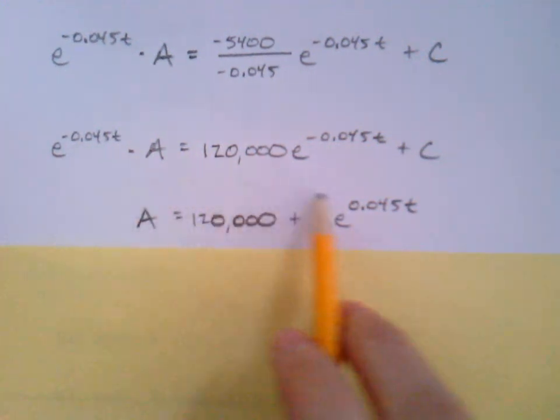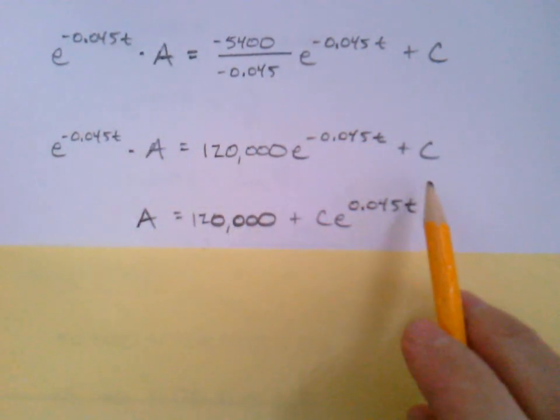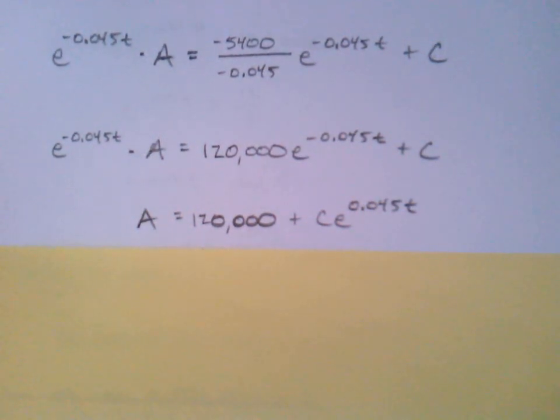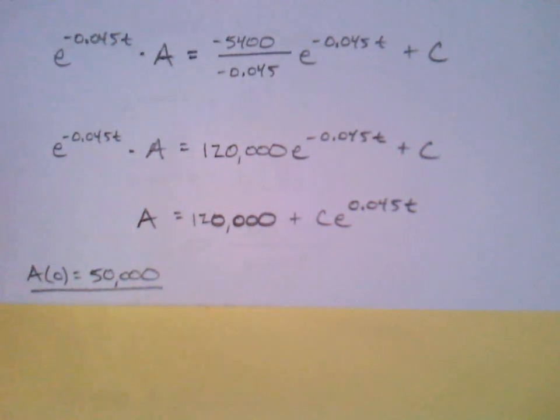When I divide here, it goes underneath, but it's a negative exponent, so I can move it to the top and turn it into a positive exponent like so. Which is really helpful for the next step. At this point, we have our explicit solution. Now we're going to apply our initial condition.